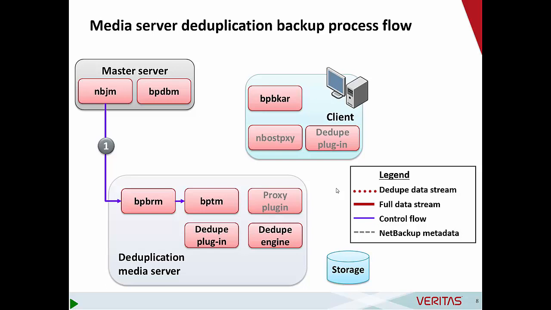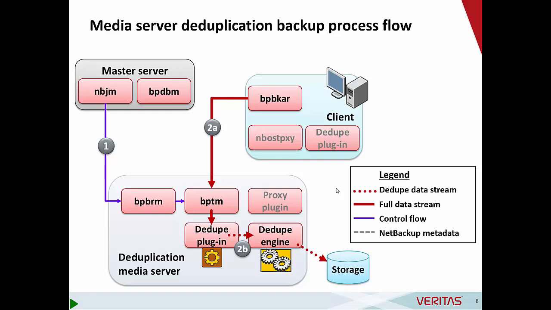Where it starts to get different, the bpbkar process sends data to bptm. bptm, instead of writing the data directly to tape or disk, as it would with other storage options, is going to send the data to a dedupe plugin. The dedupe plugin is responsible for analyzing that data and communicating with the dedupe engine to determine what's unique and what's not.